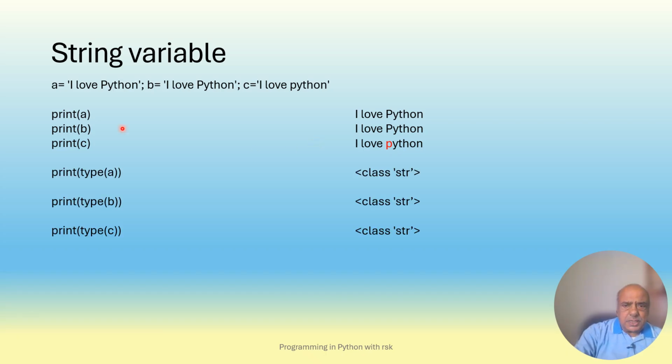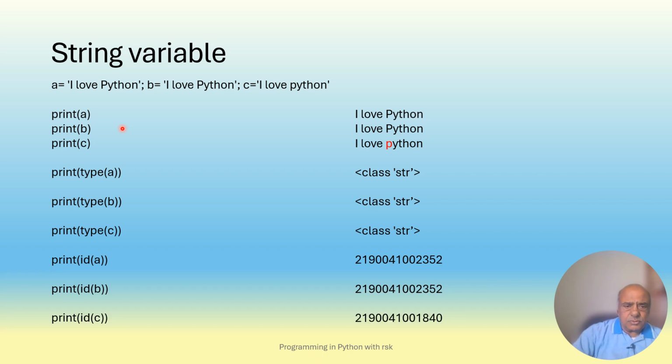Print type A, B and C, we get str obviously. ID A 2352, ID B 2352, ID C 1840.